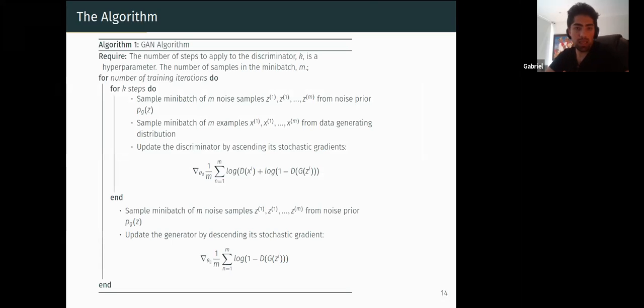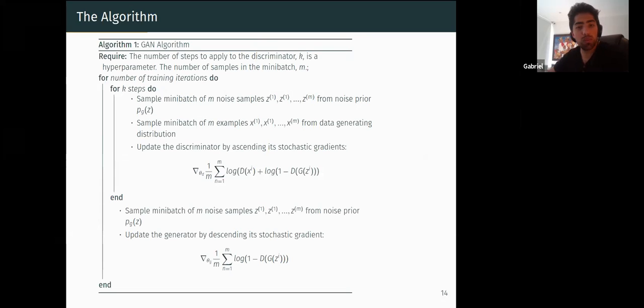Another way to see it is these blocks of iterations in the algorithm in which we sample from the latent distribution and transform it to generate fake data.